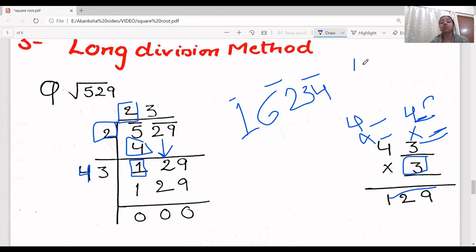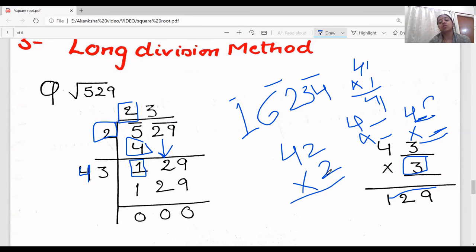Maybe I will start with 4, 1. When I start with 4, 1, it is going to give me 41, right? This is how you're going to write 41. Moving ahead to writing 42. Now when I write 2 here, I'll have to write 2 here also. So 2 to the power 2 is going to be 4, and this is going to be 84.